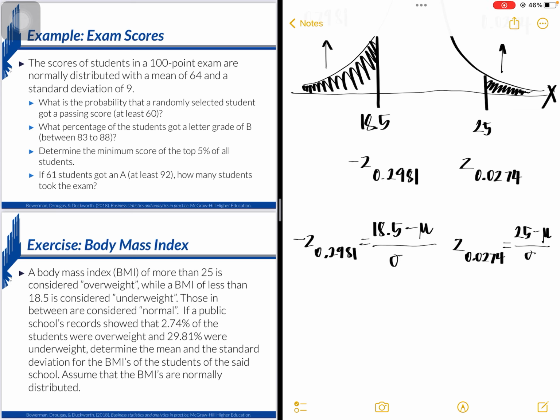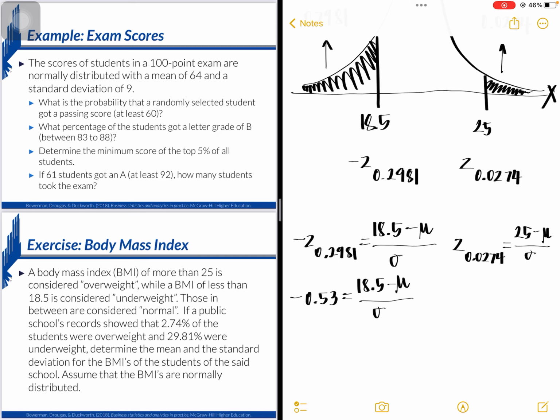So if we look for 0.2981 among the different values inside the standard normal table, we can actually find that exact probability of 0.2981, which is at the intersection of negative 0.5 and 0.03, which means that this z-score is actually negative 0.53, and that's equal to 18.5 minus mu over sigma.